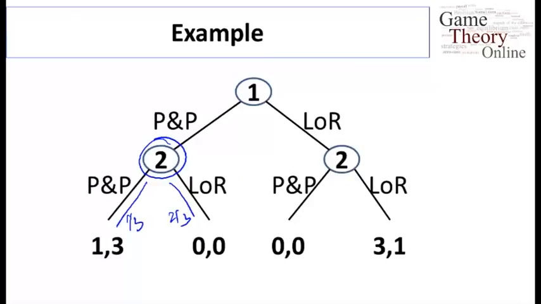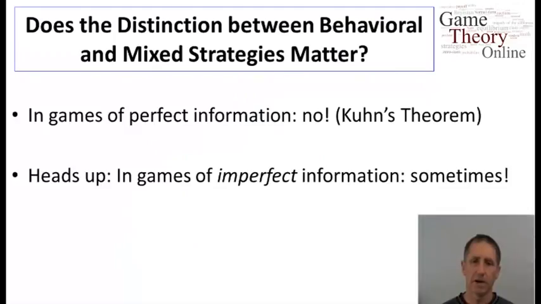So we have mixed strategies and behavioral strategies, and you might ask yourself, so does it matter? And the answer is no, it doesn't. At least it doesn't in this class of extensive form games of perfect information. And there's a theorem to that effect due to Harold Kuhn, and in fact, it's even more general than applying to the class of games of perfect information.